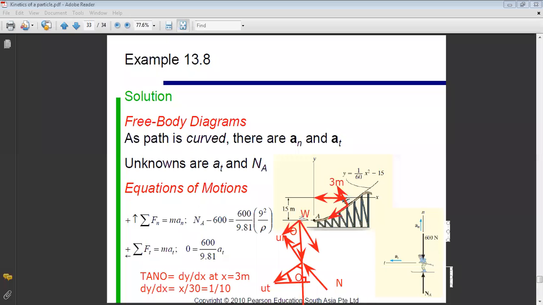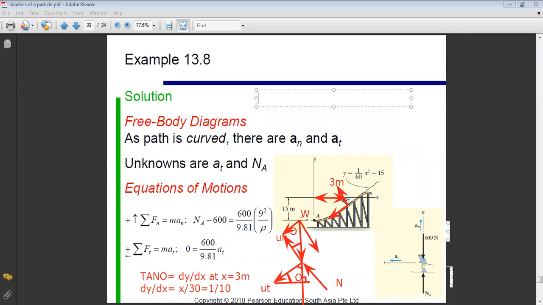The component along ut is W sine theta, because the angle theta is here with un. So when you project on un, you do cosine theta, and when you project on ut, you do sine theta.